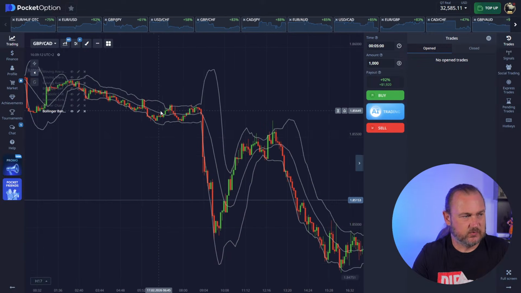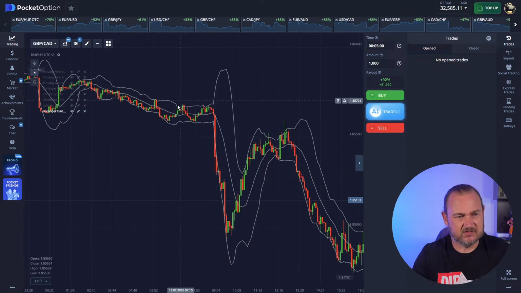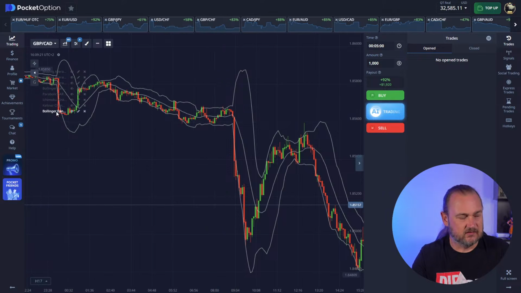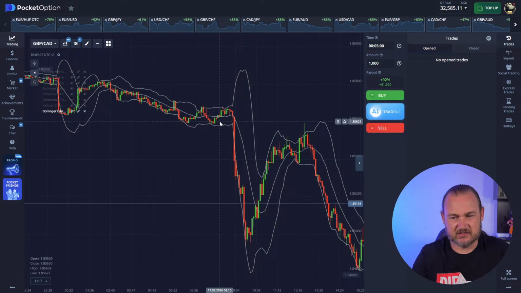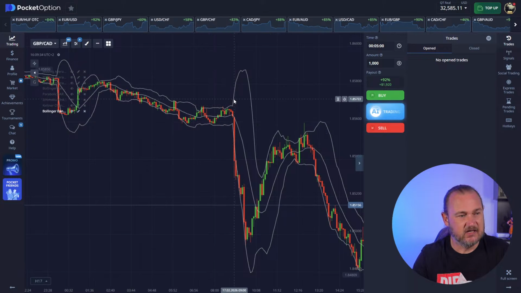This is not a very decent squeeze, but it will show us the idea in any case. If we take the previous movement, we can see that these bands have contracted and they didn't open up. They were basically running parallel to each other for quite some time. And then when it broke, we can see that these bands are opening up enormously.